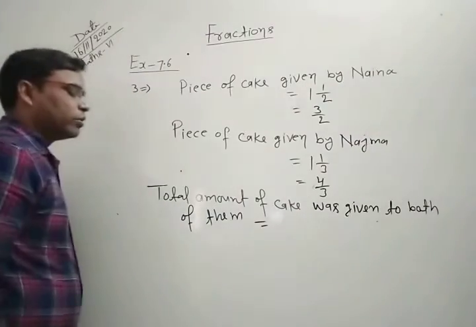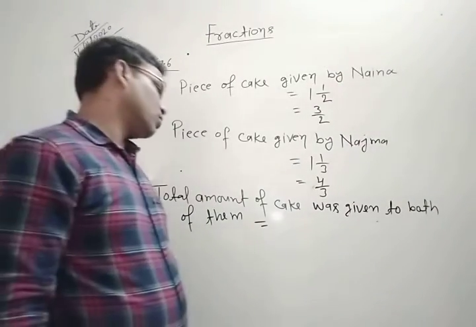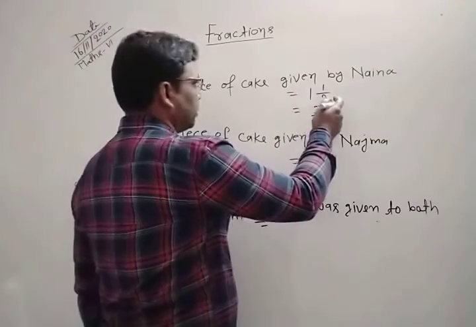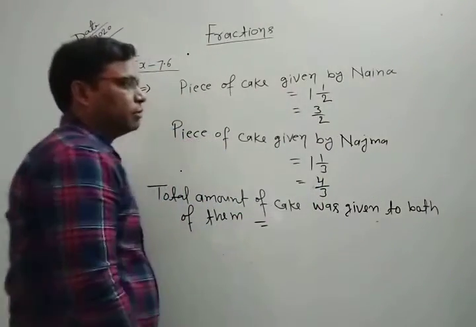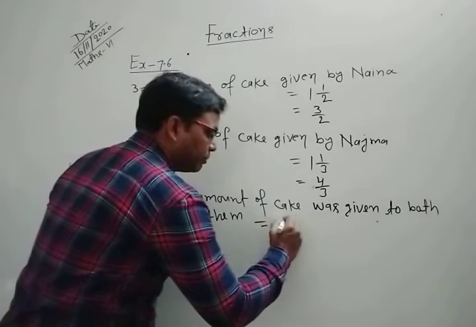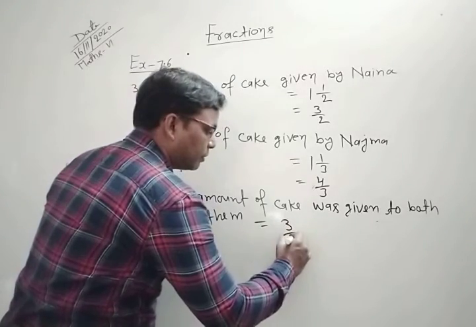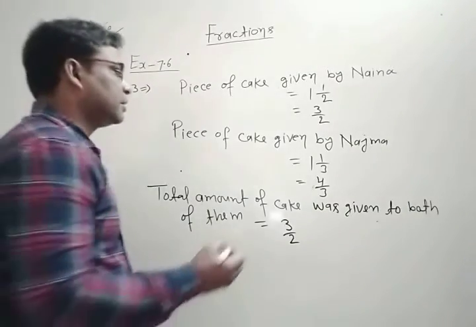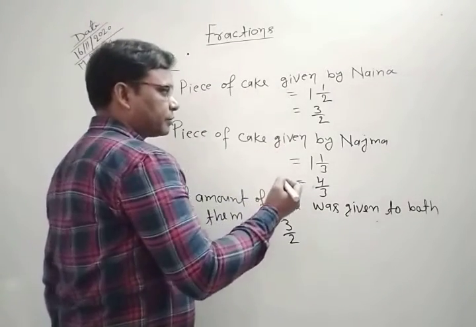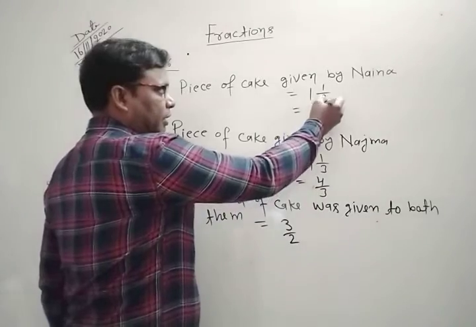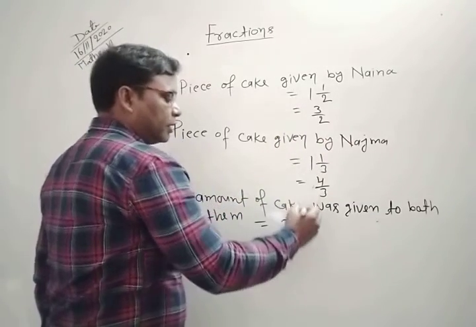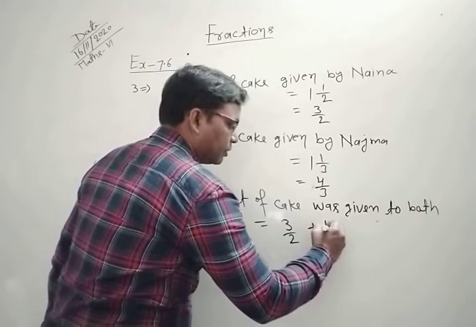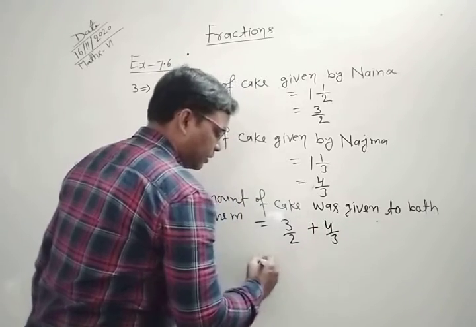Total amount of cake given to both of them is equal to the sum of the parts. The piece of cake given by Naina is 3/2, and the piece of cake given by Najma is 4/3.